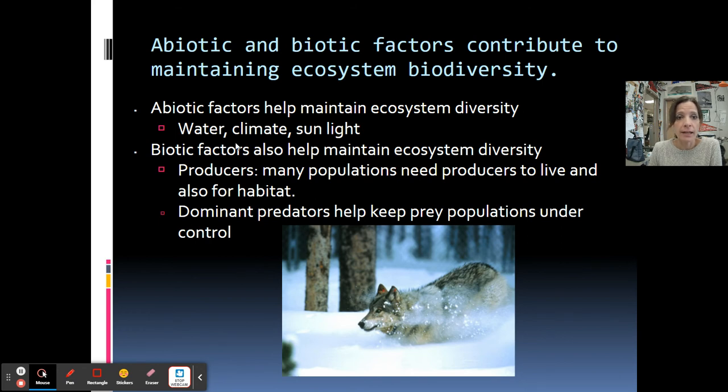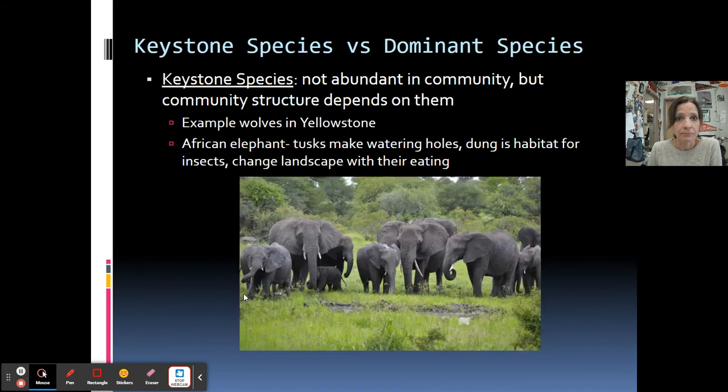So water, climate, sunlight. Biotic factors are things that are living, so like producers. If a population has lots of producers, then they're going to have a lot of food and a lot of biodiversity. And then also dominant predators can keep other prey populations down so they don't take over.